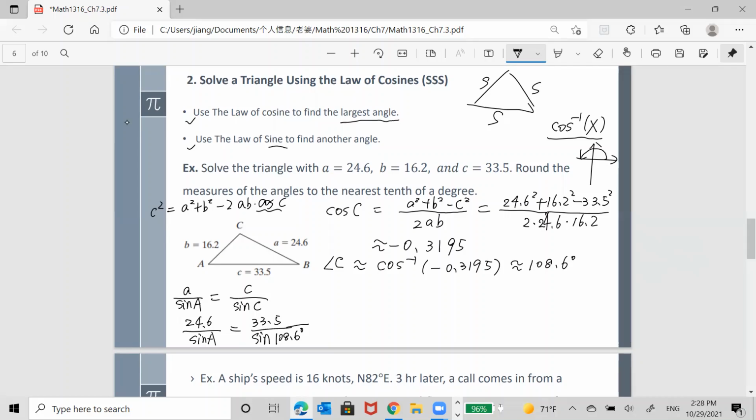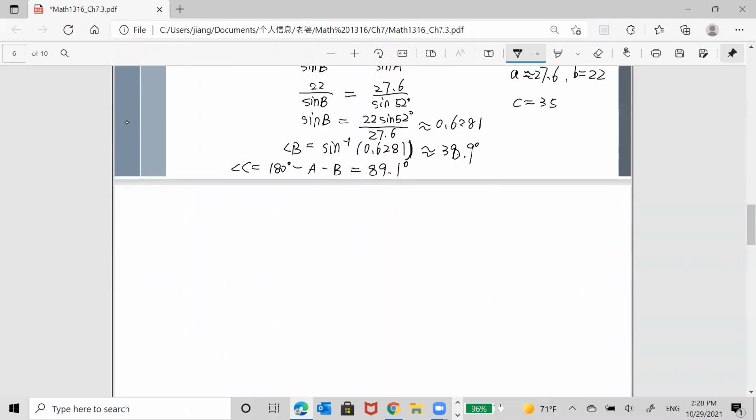So we can find sine A: sine A equals 24.6 times sine 108.6 degrees over 33.5.